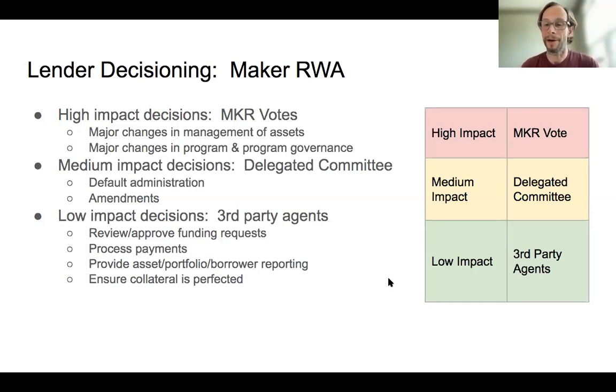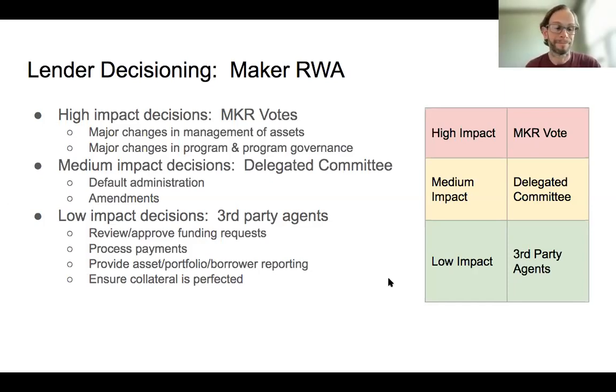They're going to have to be monitoring what's happening in the bankruptcy court. There's going to be times that they have to respond to things in a timely manner. How do you go about doing that when you need to be proactive and responsive within timeframes that are not set by maker governance, but are set by a federal court sitting in New York? And if you miss that window, you snooze, you lose.